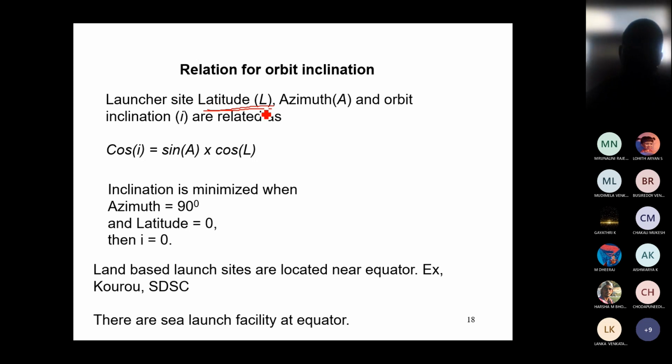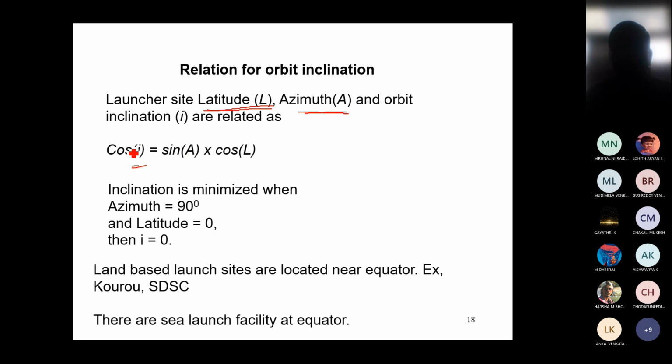For example, we are launching our satellite from Sriharikota. So what is the latitude of Sriharikota? And what is the azimuth angle and orbit inclination? Okay, so the orbit inclination is related to these two parameters. One is called the azimuth angle, another parameter is called the latitude.